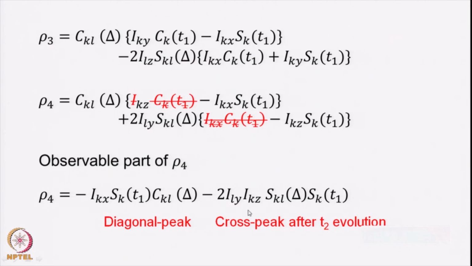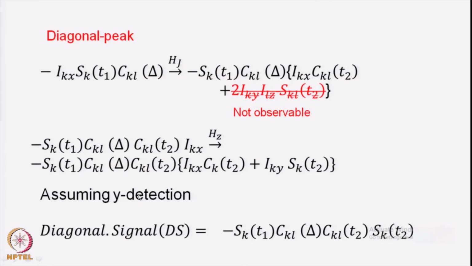This first term will evolve during the T2 period with the frequency of the K spin, and the second will evolve during the T2 period with the frequency of L, and therefore the latter will produce a cross peak, whereas the former will produce a diagonal peak. Fine. Let us look at these evolutions individually.